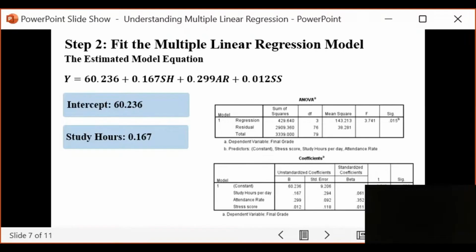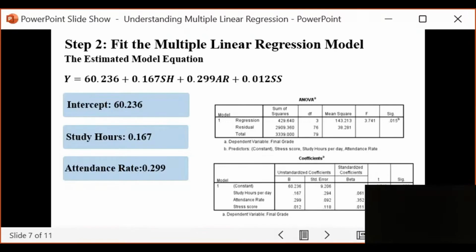Okay. Next, the attendance rate is 0.299. So, ang interpretation niyan is, this coefficient tells us that for every 1% increase in attendance rate, the student's final grade is expected to increase by 0.299 points.